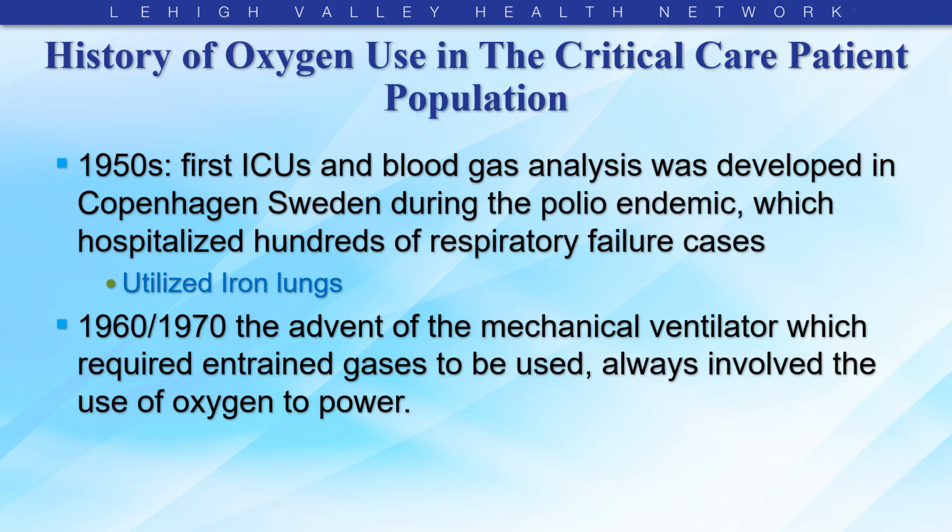Historically, negative pressure ventilators were used. It was during this polio pandemic that the first positive pressure ventilators were used, and there were improved outcomes with positive pressure ventilators over negative pressure ventilators, the iron lung being the most classic and standard negative pressure ventilator.